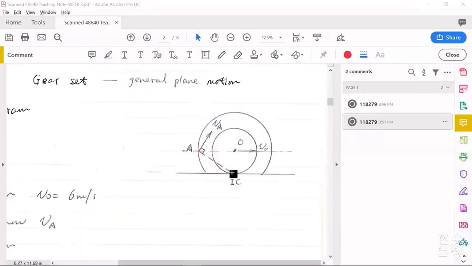And here, because we already know no slipping between this small gear and the gear rack, and this is a rolling motion, the contact point here between the small gear and the gear rack must be the IC point.